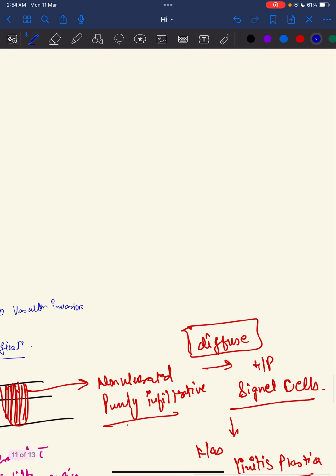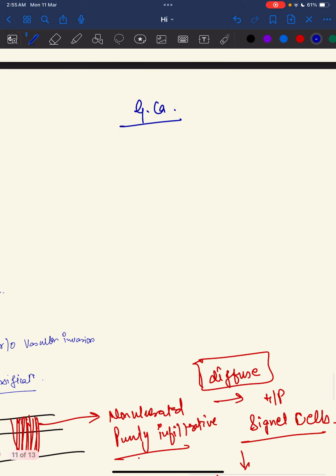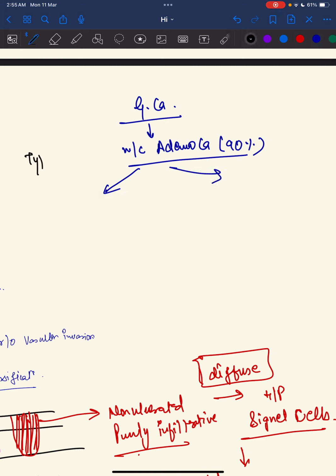For this, I'll now tell about gastric CA, how we are dividing it. The most common is adenocarcinoma, approximately 90%. In adenocarcinoma also there are two types, type 1 and type 2. So here I'll tell you a story.